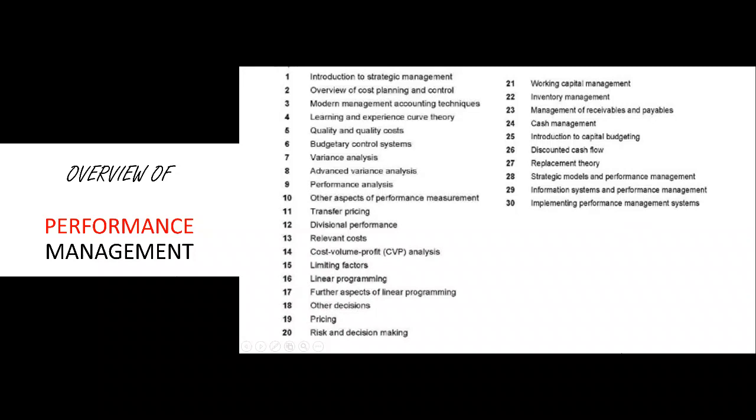Then variance analysis in chapter 7. Then we advance to advanced variance analysis. Then performance analysis, how to analyze our performance so that we would know whether we are doing well or not, areas we need to amend, and areas where we have strength and could have competitive advantage.